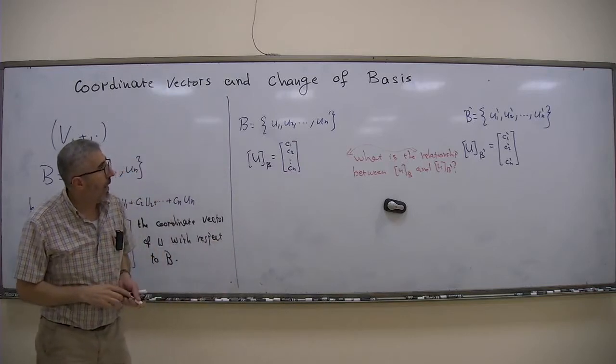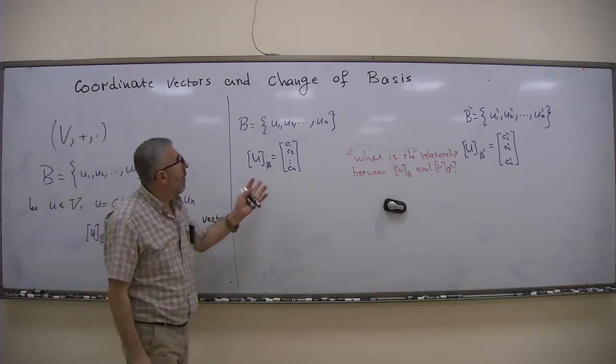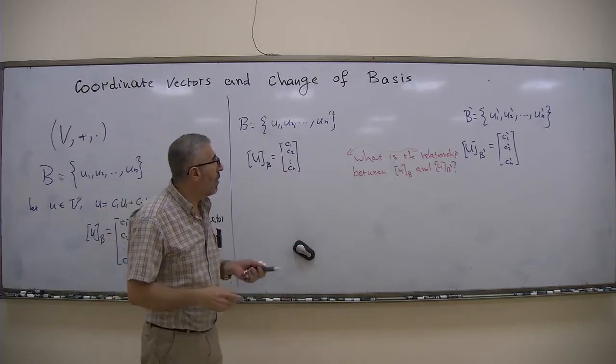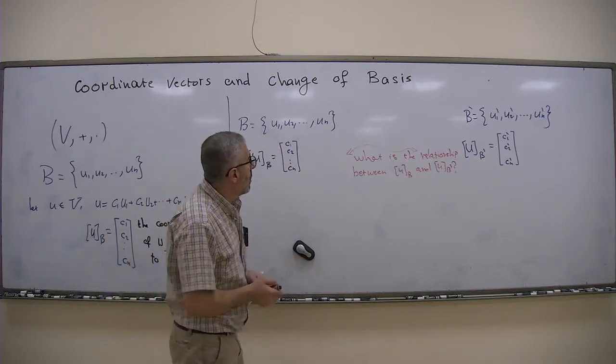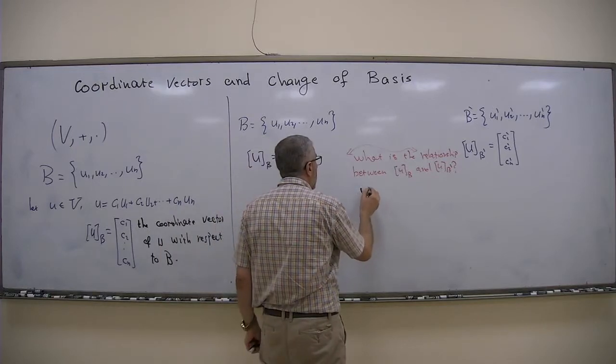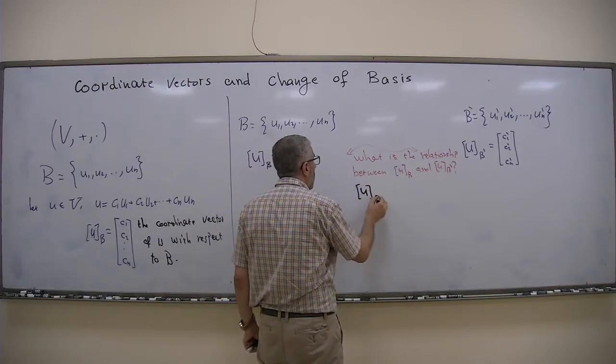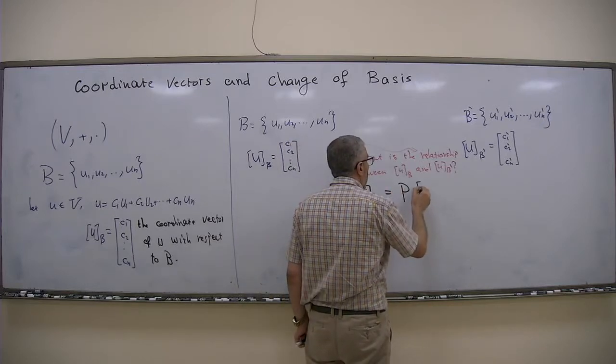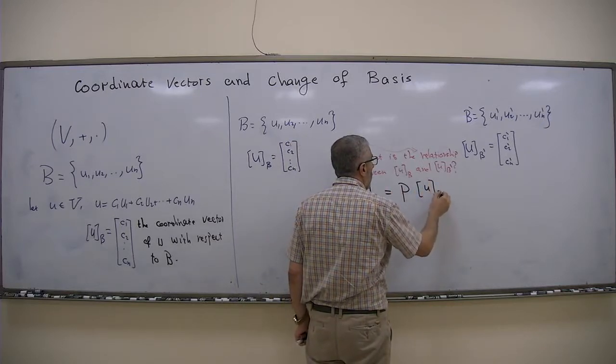Well, it turns out that the relationship between them is a matrix. We call it the transition matrix. So here, u with respect to B is a matrix multiplied by u with respect to B prime.